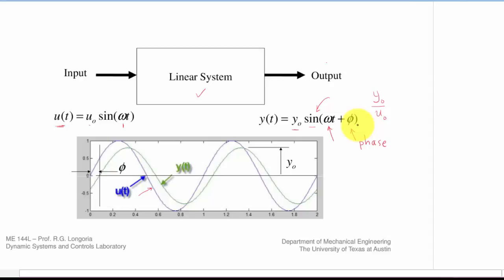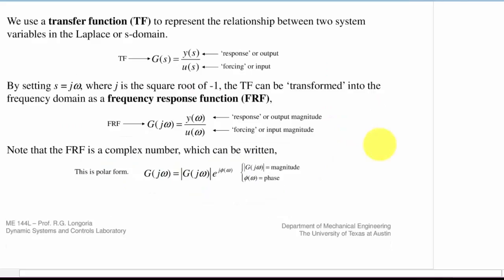Those are the two functions that we want to measure, and we want to see how they vary as we vary omega. Theoretically, we can use a transfer function of a system to determine these frequency response functions.